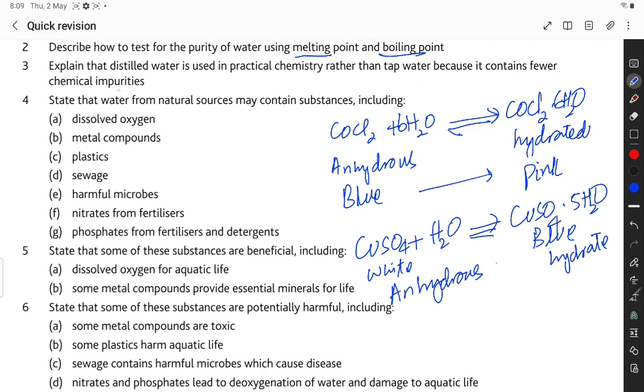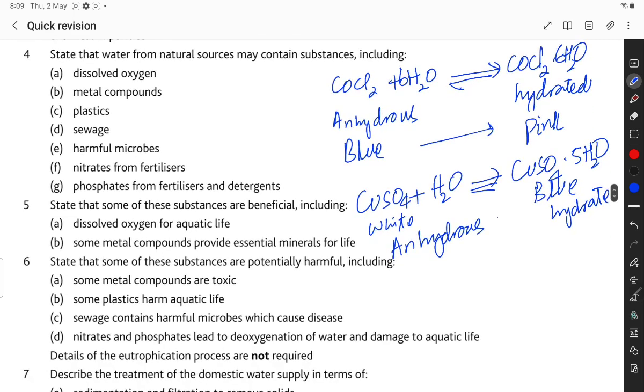State that water from natural sources may contain substances including dissolved oxygen, metal compounds, plastics, sewage, harmful microbes, nitrates from fertilizers, and phosphates. These are substances which dissolve in water.